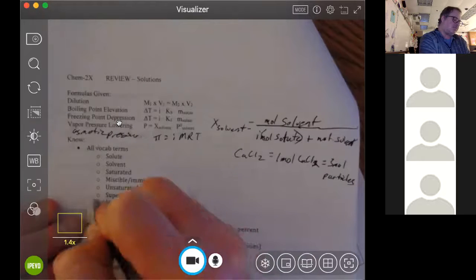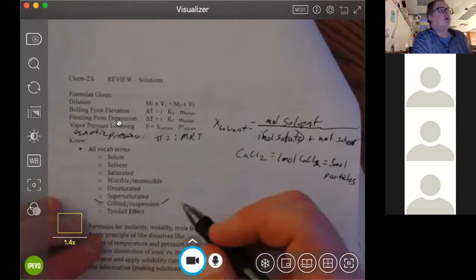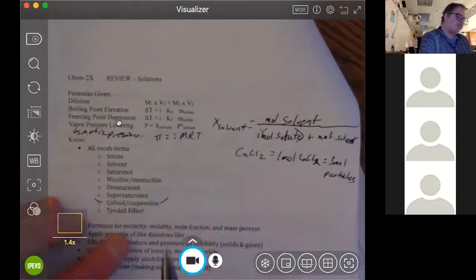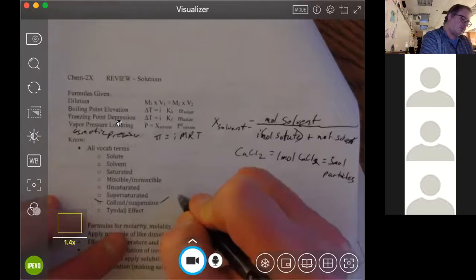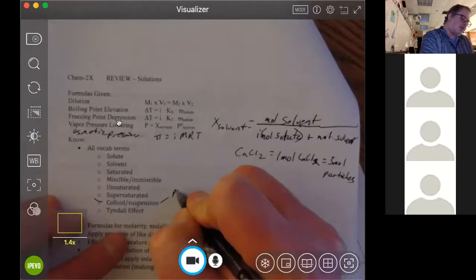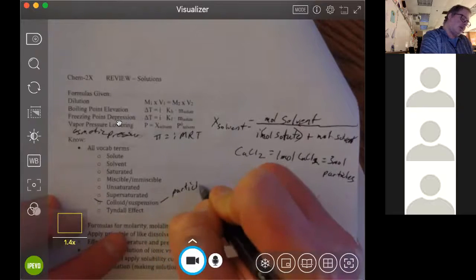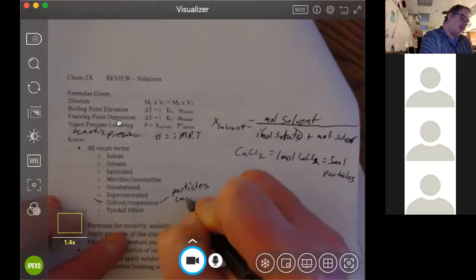A colloid and a suspension, these are terms from last semester actually. A suspension is whenever the particles are bigger and they can be affected by gravity.